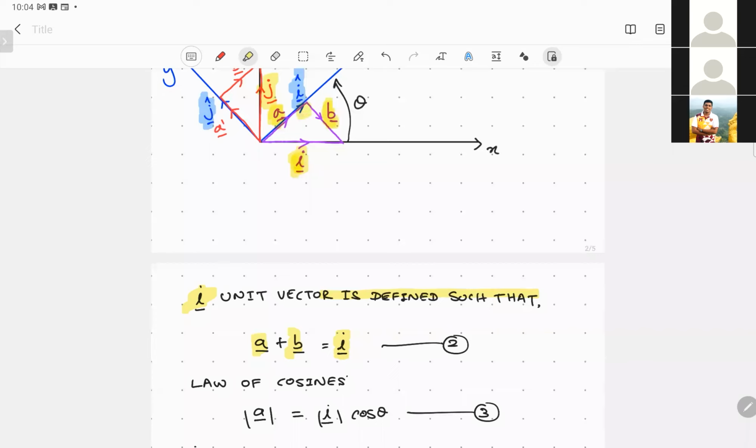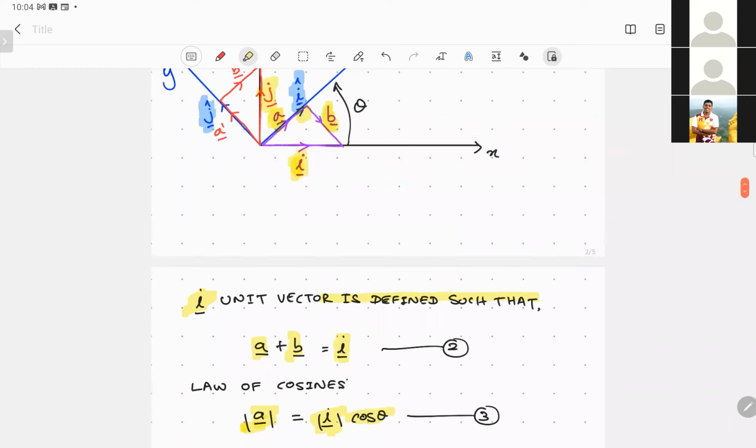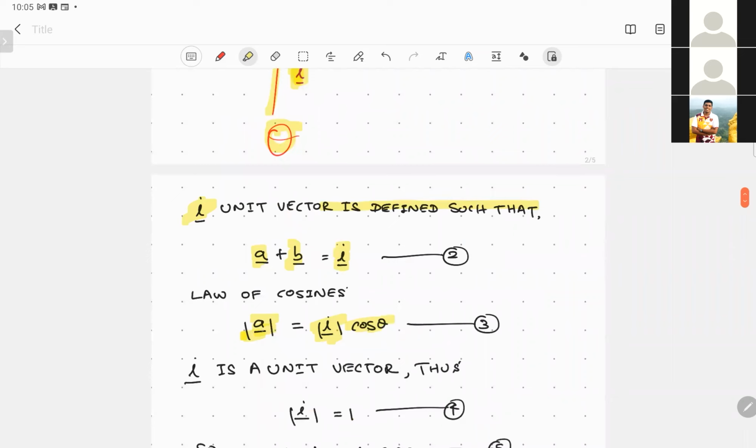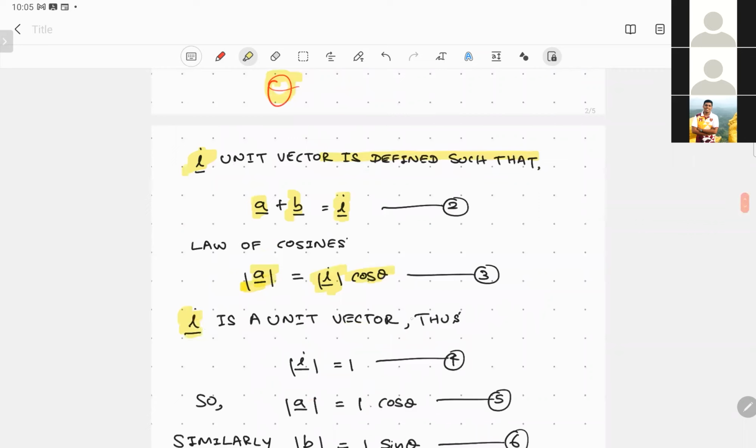Because this is perpendicular, the magnitude of a is nothing but the magnitude of i times cos theta, because this angle here is theta. Since i is a unit vector, the magnitude of i is 1. So when you substitute in this equation, the magnitude of a is nothing but cos theta. Agreed?